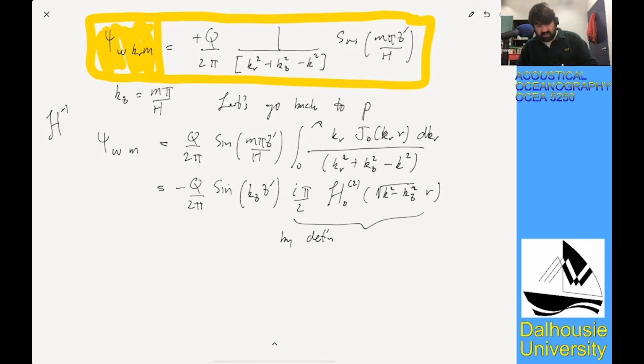By definition, reference book, Wolfram Alpha. There's a few different ways to figure this out, but really this is your Hankel function of the second kind, 0th order.